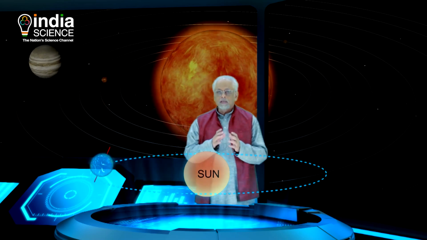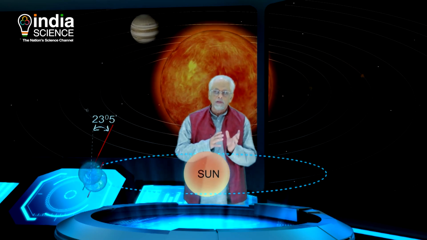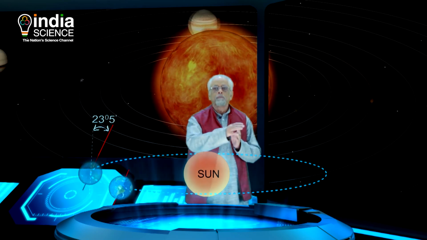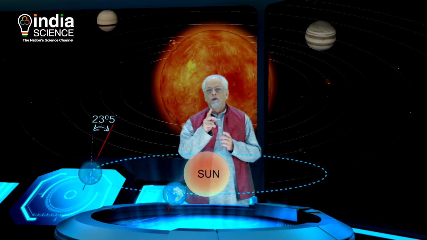This axis is inclined at an angle of 23.5 degrees to its ecliptic. This is responsible for the seasons.